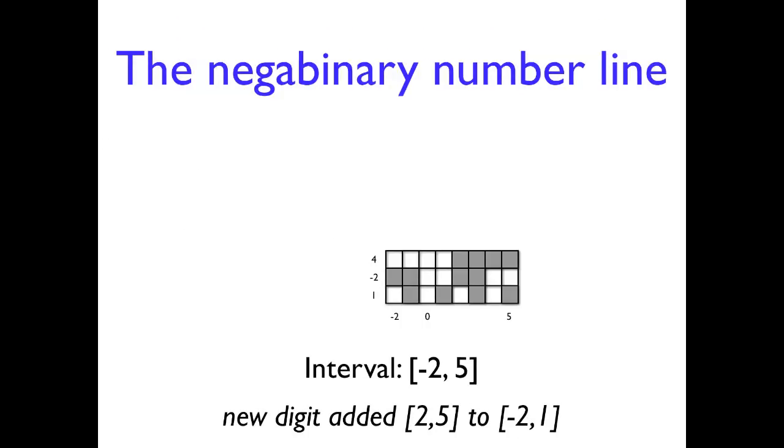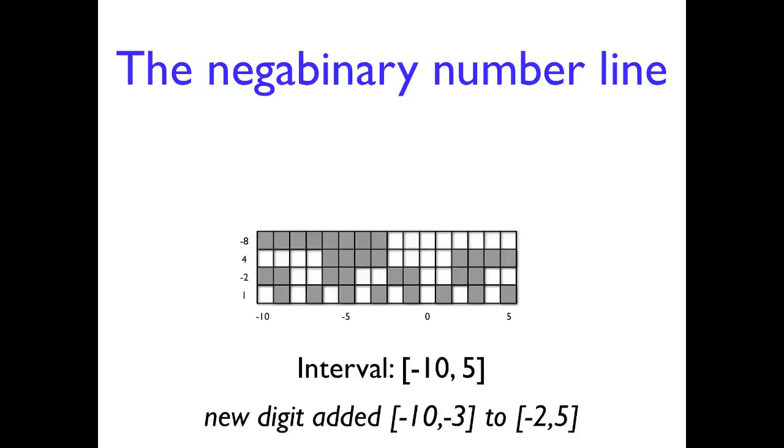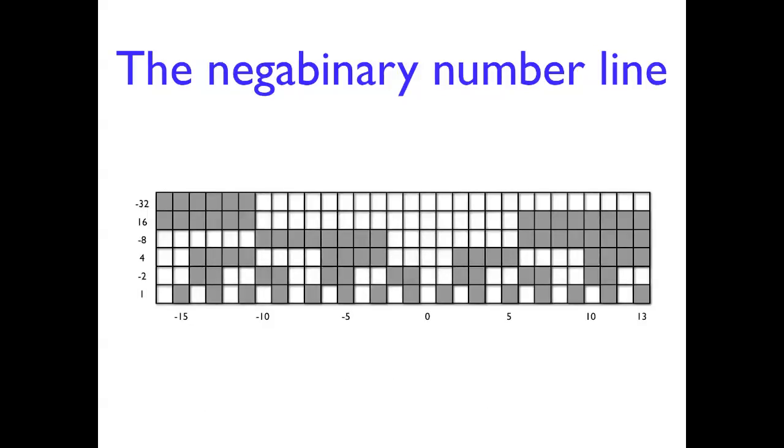And if I add another digit, so now it's a 3-length string that represents an integer, the interval is now -2 to 5, because we've added 4, that's -2 squared, to all of the previous integers. I keep on building what I can represent with 0, 1 strings as a Negabinary representation. Length 4 strings give me -10 to 5. And here's a piece of the number line. It's infinite, but this is just the beginning of it.